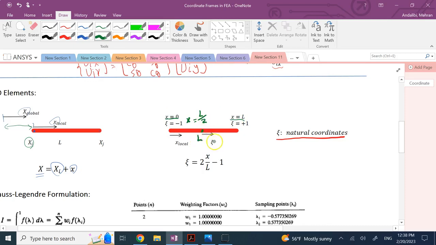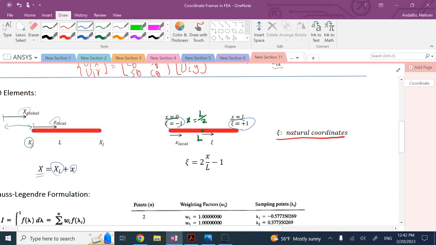And this natural frame that you show by the letter C is 2x over L minus 1. So when you plug in x of 0, you get -1. When you plug in x of L, you get +1. So the only difference is this entity, this C, changes from -1 to what? +1. That's all it is.